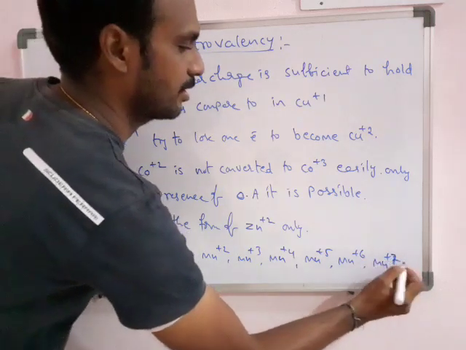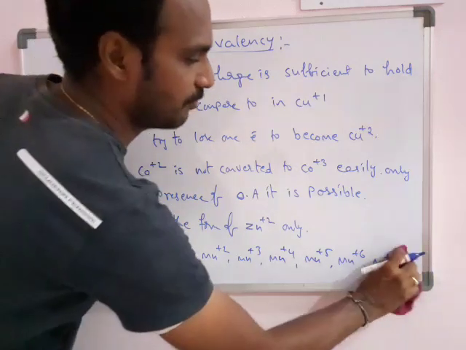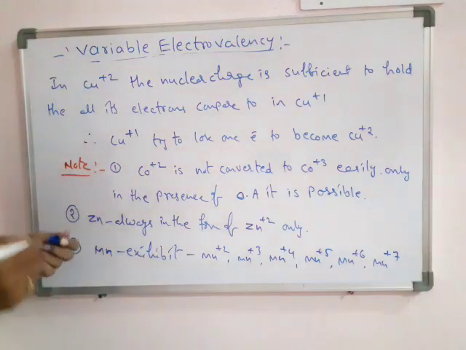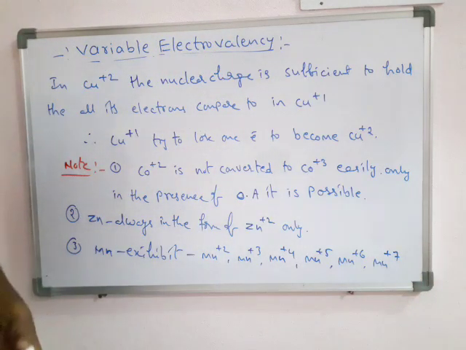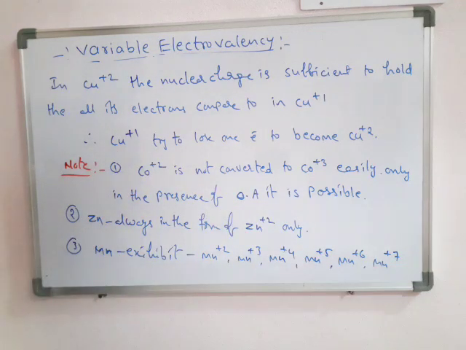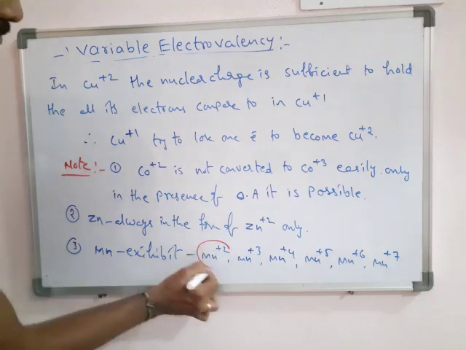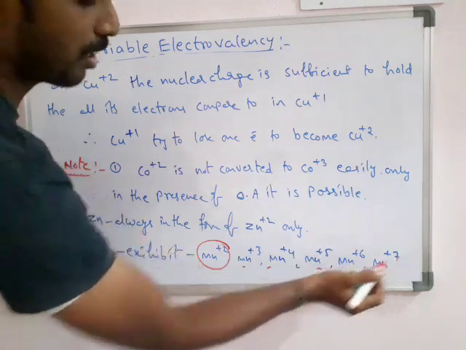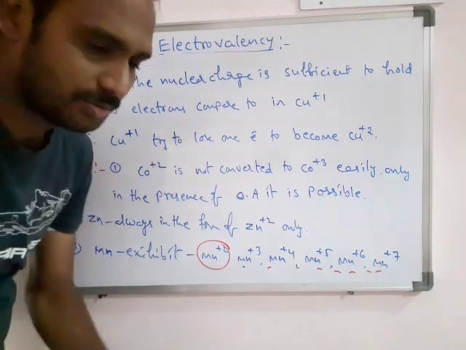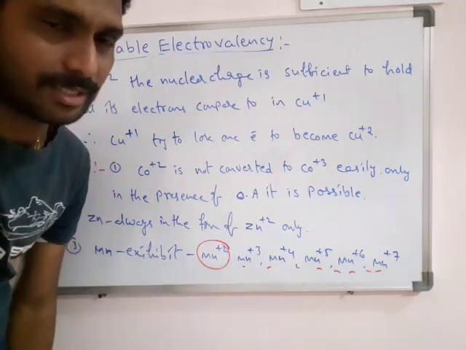All these are possible for manganese. Generally, Mn plus 2 gets more stability, and Mn plus 7 also gets more stability. But it shows all types of configurations. So this is called variable electrovalency. One of the reasons is instability in the core. Tomorrow we will discuss the second reason.